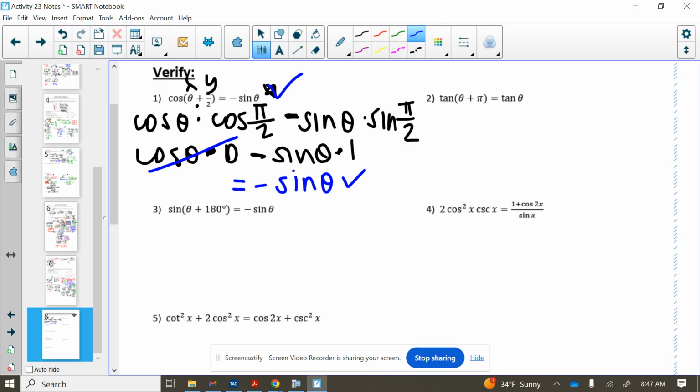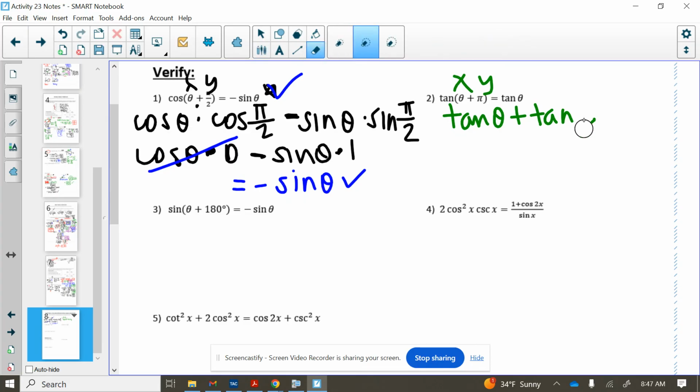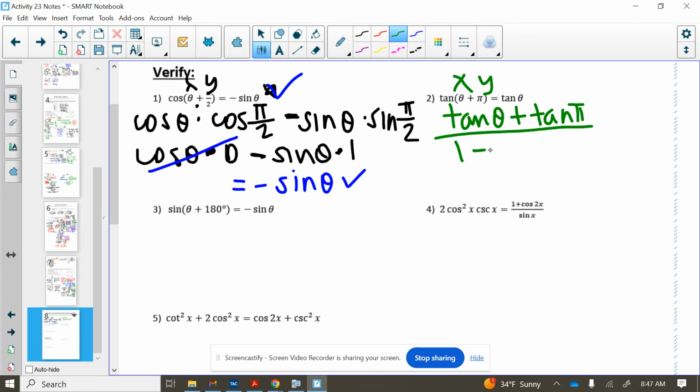In our next one, we have another sum formula, this time with a tangent. And again, plugging in x and y, we would have tangent of theta plus tangent of pi, tan x plus tan y, and again, y is pi this time, all over 1 minus tangent of x, which is tangent theta, times the tangent of y, which again is tangent of pi.